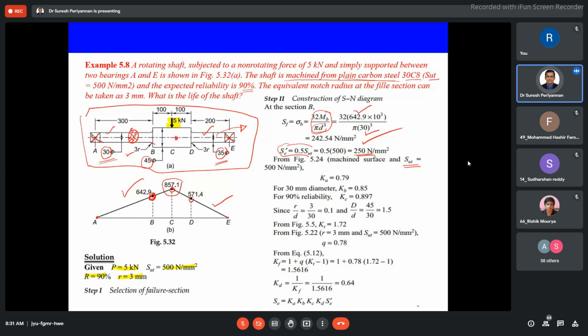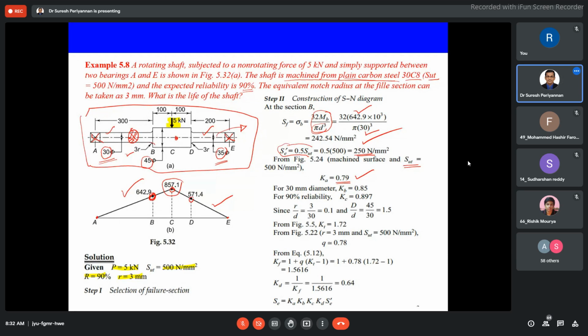Actually, I asked you that, I didn't get any response from your side. I thought you might have referred to your chart, and you may say Ka value, the surface finish factor. If you refer to diagram 5.24, which I showed earlier in class, then Ka is equal to 0.79 surface finish factor, corresponding to machined surface, and the ultimate strength of the material corresponding to 500 Newton per mm square.